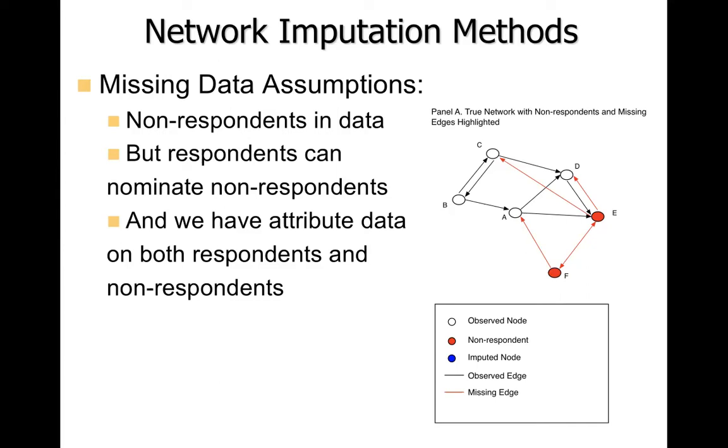Okay. Second assumption is that while that's true, we are assuming that respondents, so in this case, persons A, B, C, and D, we have full information about who they nominated, for example, as friends in our network survey.